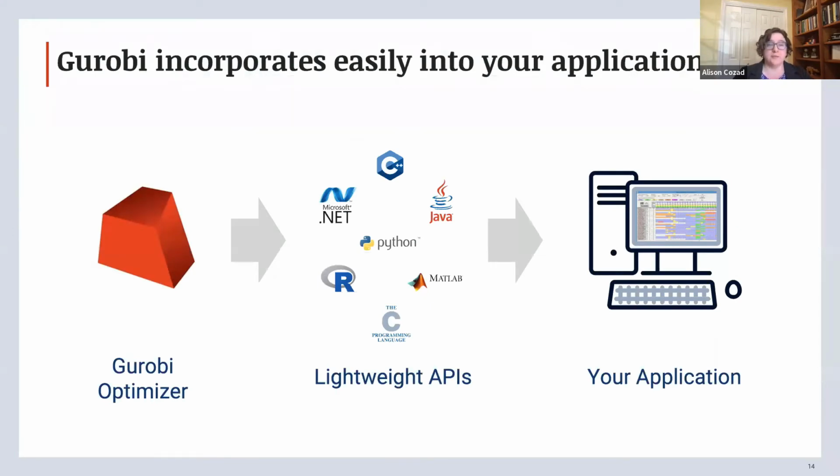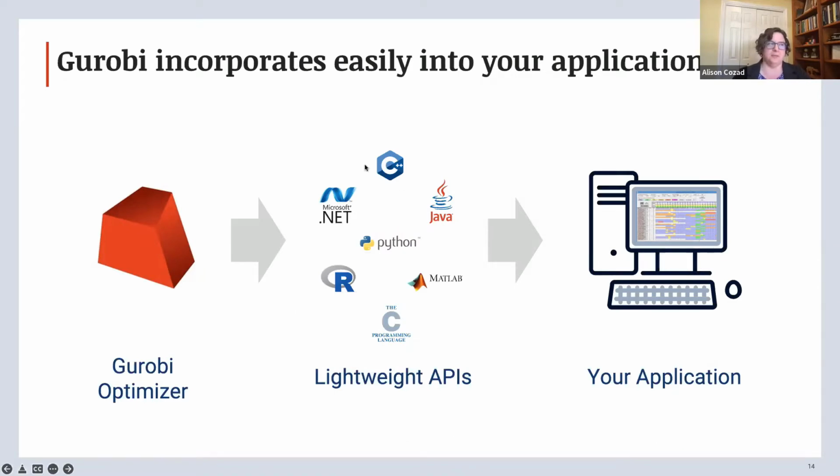From the Gurobi aspect, we pride ourselves in having a number of lightweight APIs. We have everything from the Python interface, which we see a lot of new graduates and even folks in industry getting skilled up in. If you have a little bit more of a statistics background, maybe you're more proficient in R, or I know a lot of my engineering colleagues learned programming in MATLAB, so that's definitely available as well.